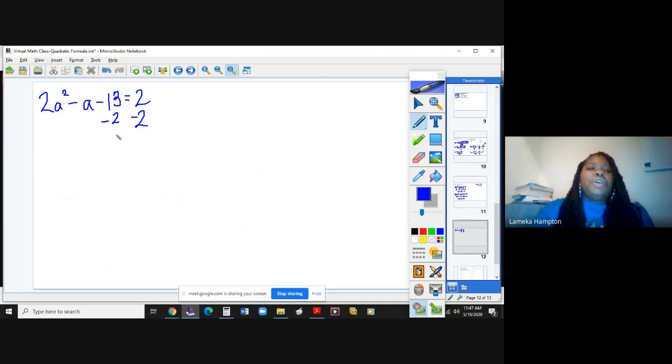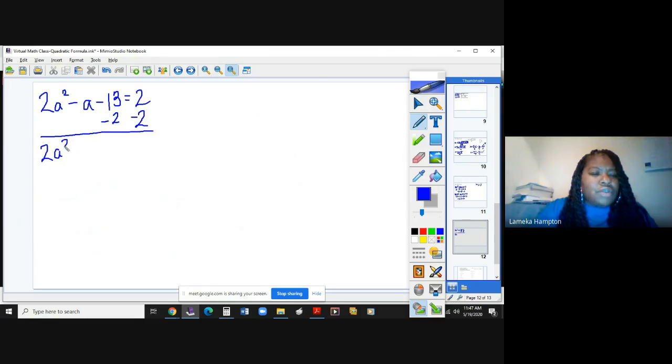Now, the reason why I am putting my negative 2 under this 13, or negative 13 rather, is because they are like terms. So again, all of the reinforcements that we've gone over, you are going to find it in all these problems. Okay, so when I do that, I am going to be left with 2a squared, because remember, can't really do too much with that.